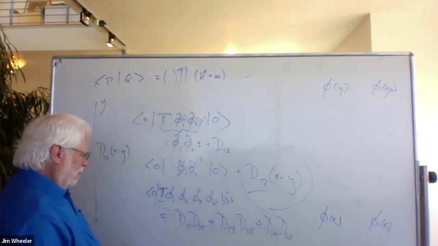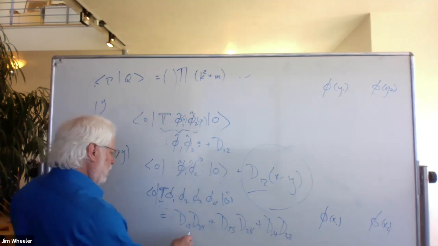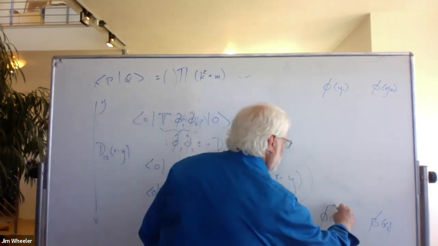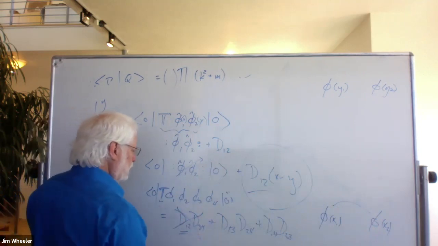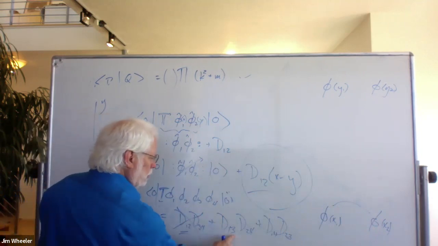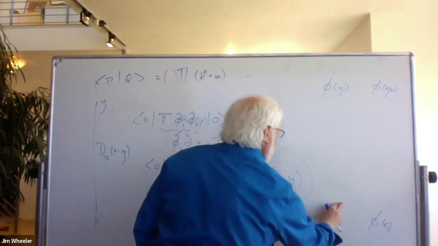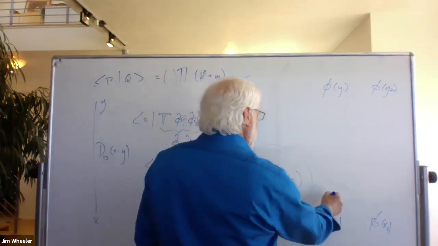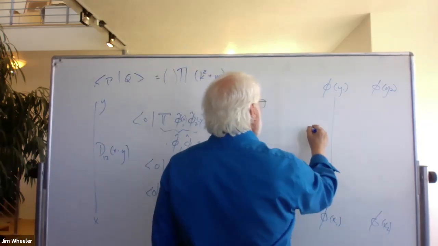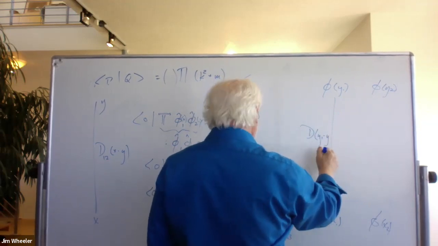Well, which of these can occur, right? So we have 1 and 2 coming in, so we don't have 1 going to 2. So this one doesn't occur. We can have 1 go to 3 or 1 go to 4. So there are 2 possible pictures we can draw here. We can have 1 go to y1, so D of y1 minus x.